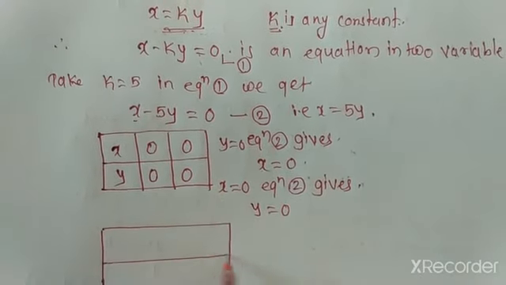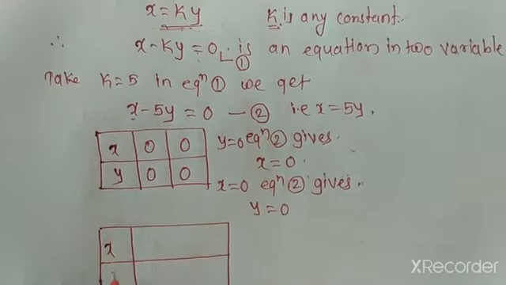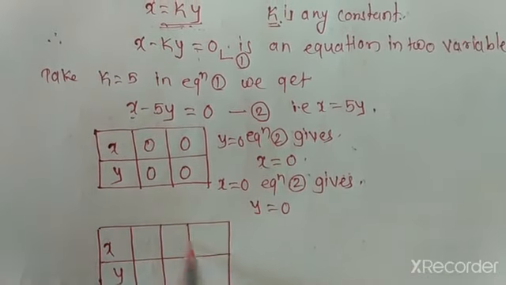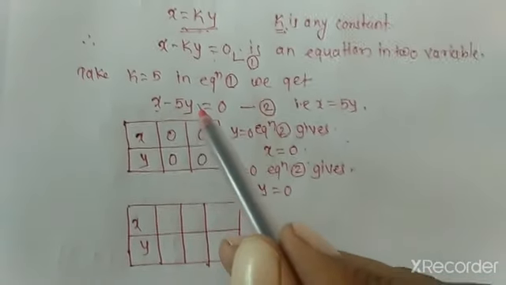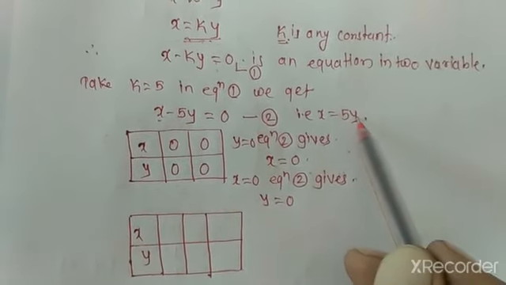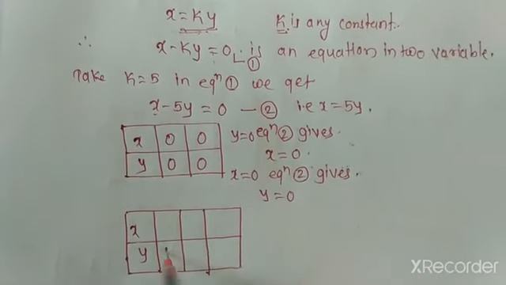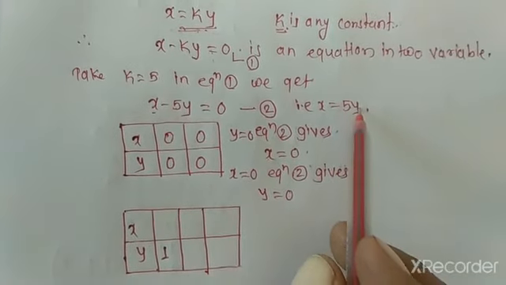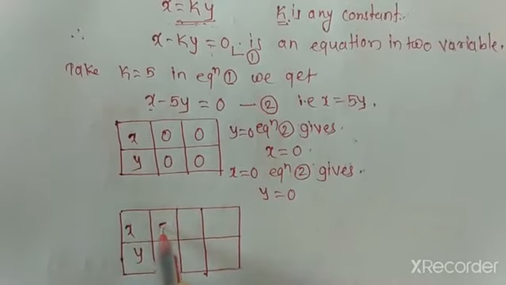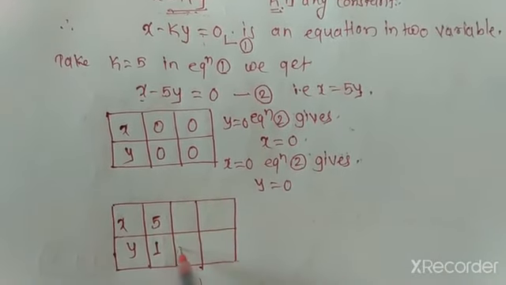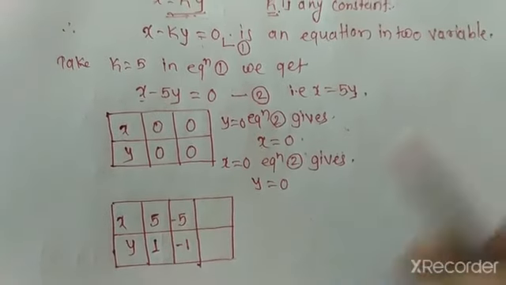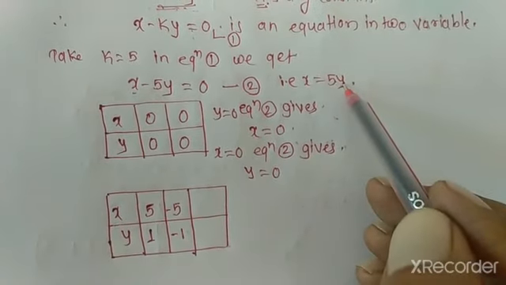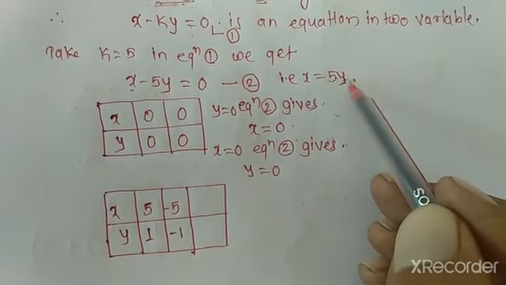Now here for x, y, we will take a number such that it does not take a fractional value. So for y is equal to 1, x is 5. For y is equal to minus 1, x is 5 into minus 1, which is minus 5.